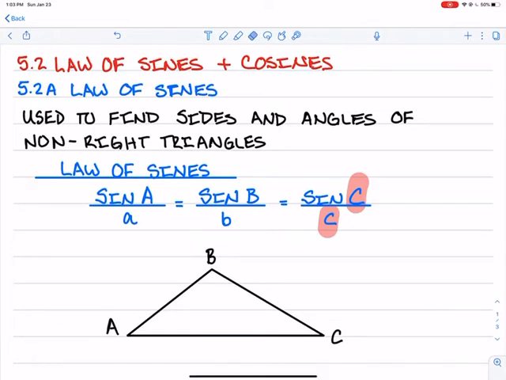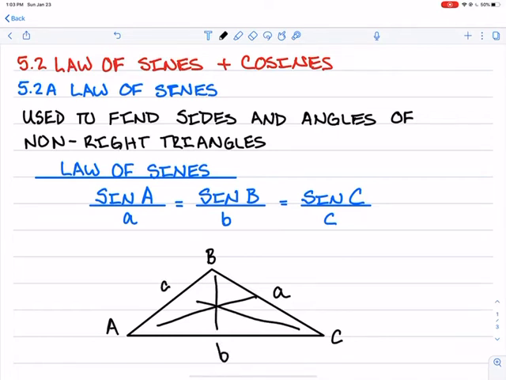And you have to understand how to get the sides. So angle A is across from side A. Angle C is across from side C. Angle B is across from side B. And it'll always be that way.